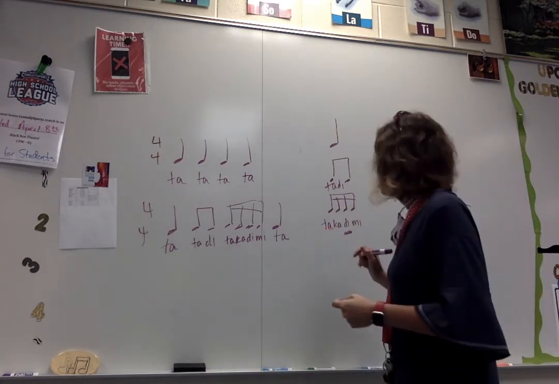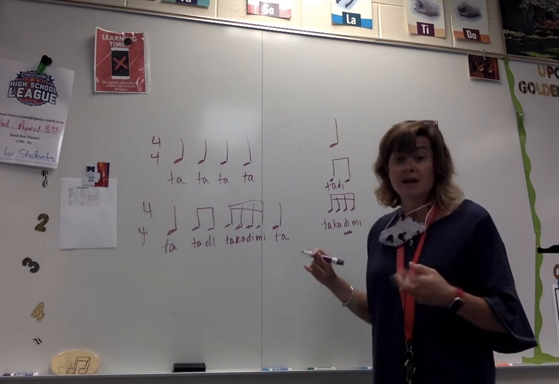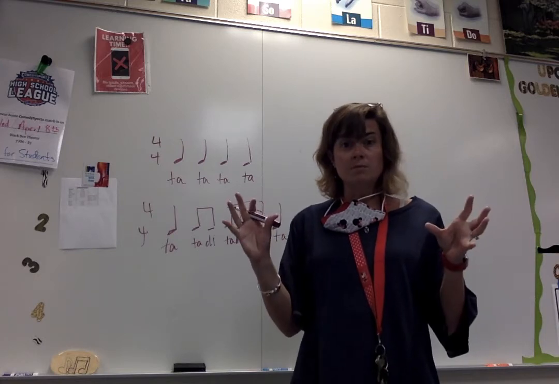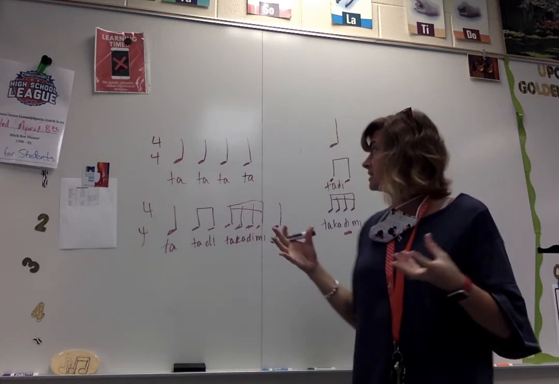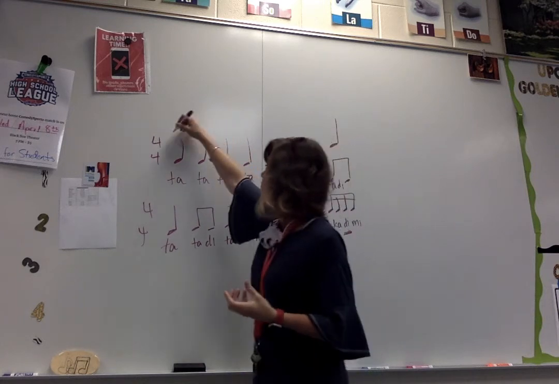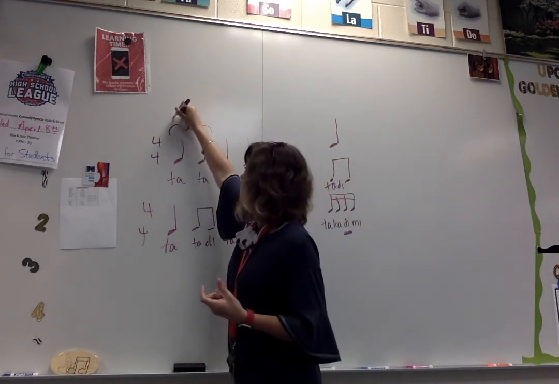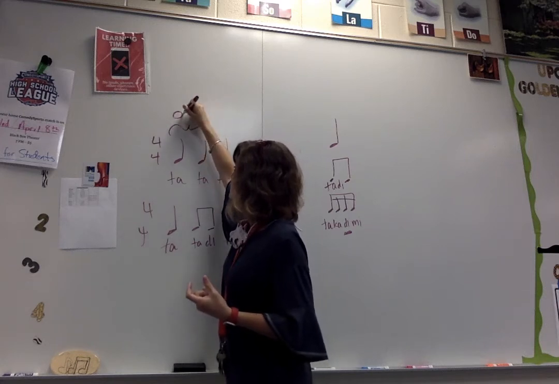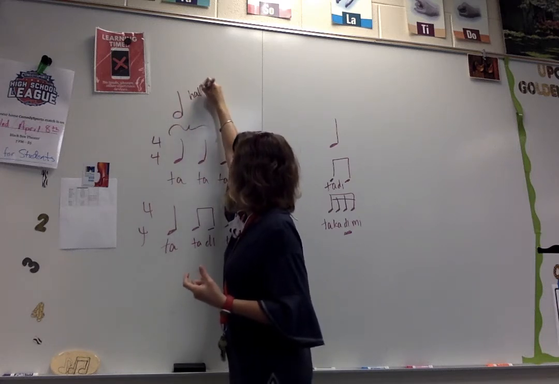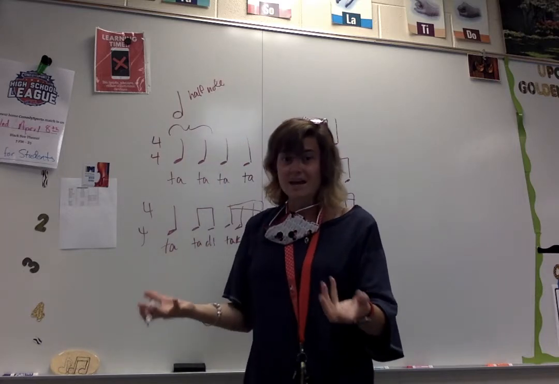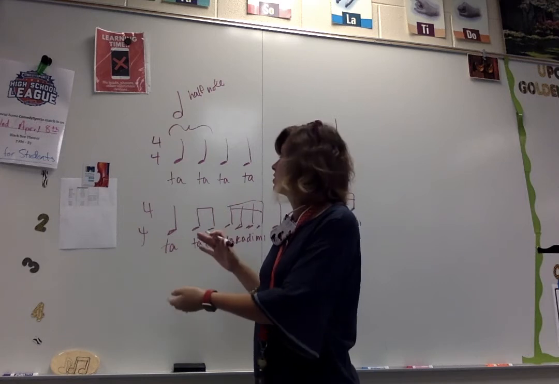I have 2 more kinds of notes that I want to talk about today. These are notes that we use for note values that are greater than 1 beat, so more than 1 quarter note linked together. The first one is what we do when we combine 2 quarter notes together. That's an open note head with a stem, and this is called a half note. Now, it's not hard to remember what to say for this because it's the same as what you say for quarter notes.